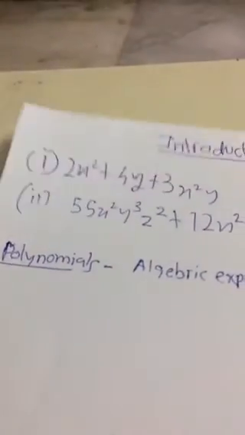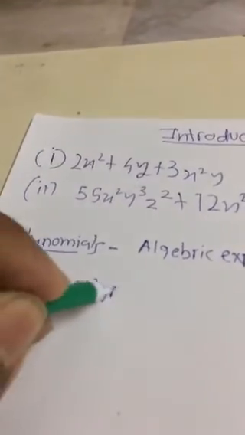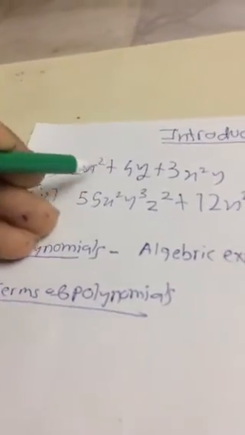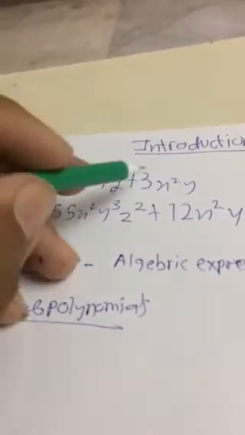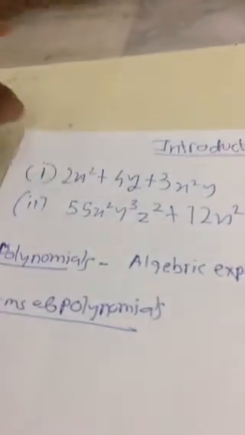Now let's come to the terms of polynomials. What are terms of polynomials? 2x square plus 4y plus 3x square y is an algebraic expression, or a polynomial.